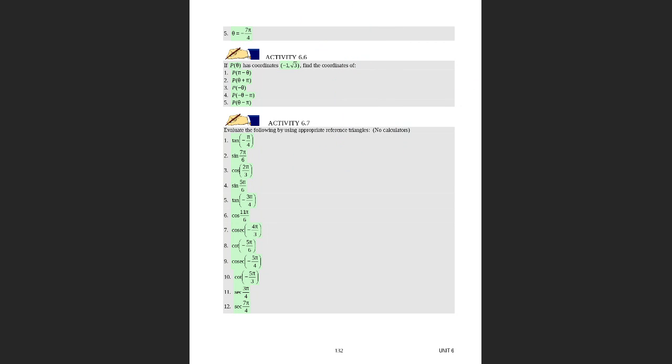Then our next one, number 4, we have this. We will still use the original one that they gave us, where here is theta. Then they are saying minus theta minus pi.